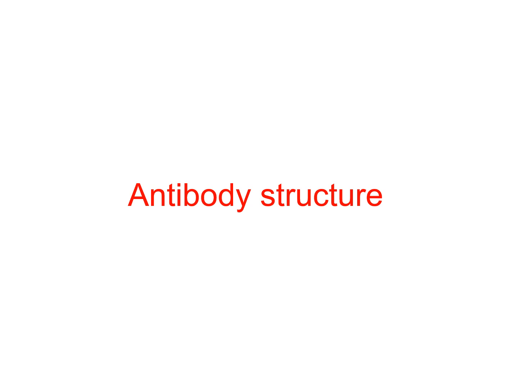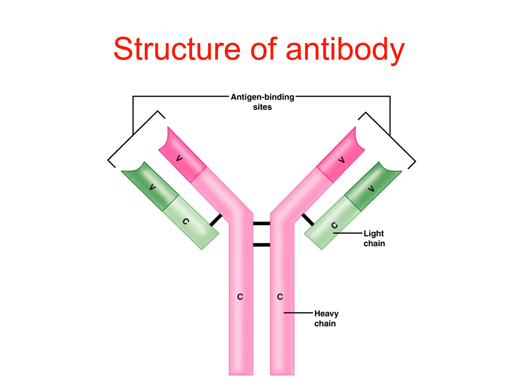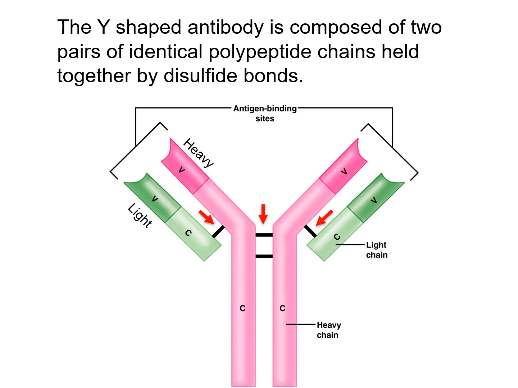How about the structure of the antibody? Here is the antibody, and I've told you before it's made of 4 polypeptides, pink and green. The Y-shaped antibody is composed of 2 pairs of identical polypeptide chains held together by disulfide bonds. 2 pairs.